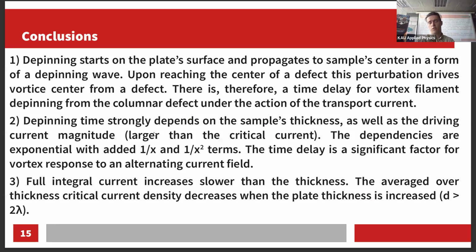We can say that it strongly depends on the thickness of a sample as well as the critical current density value. And we also conclude that the full integral current increases slower than the thickness, while when we average the critical current density value, it decreases when the thickness is increased.